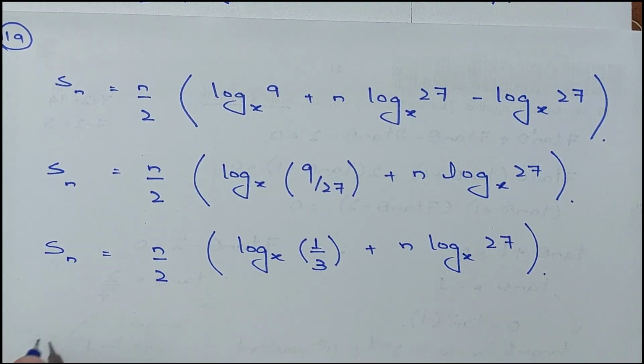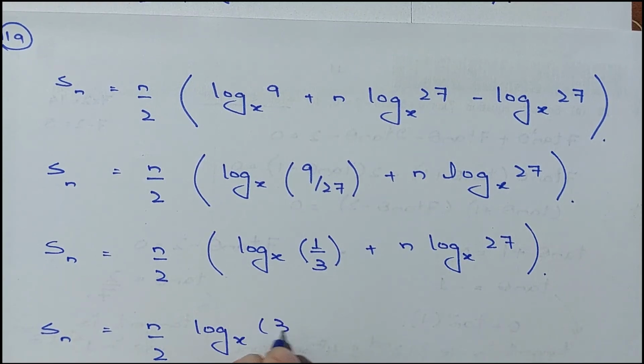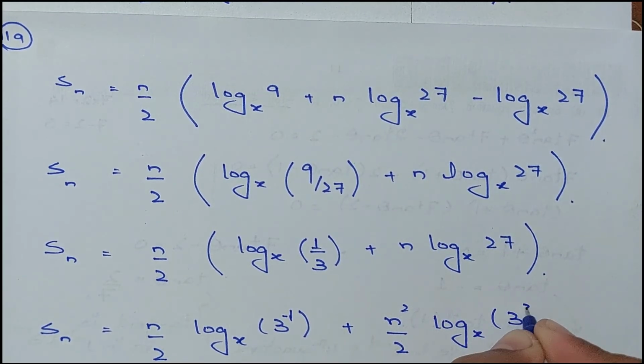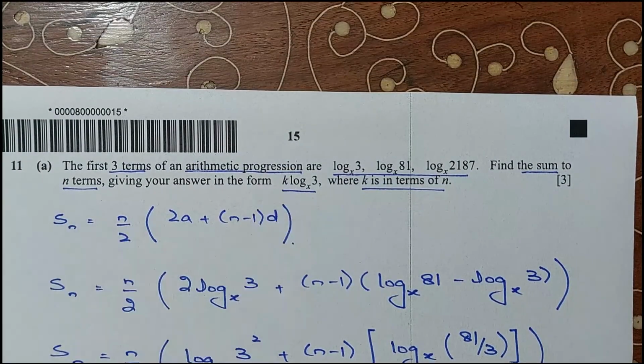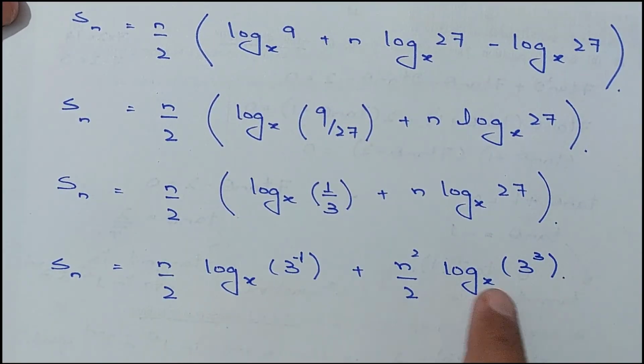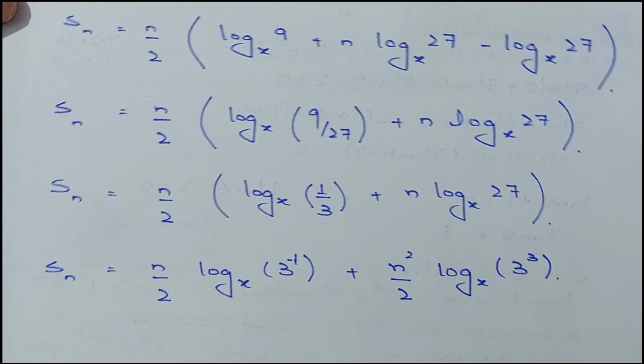All right. So Sn is n by 2 log x of 3 to the power minus 1, because we can shift the power, plus n squared by 2 multiplying log x of 27, which is a cube of 3. 3 cubed is 27. We have to find the answer in terms of k log base x of 3. Okay, the base is x, but the argument is 3, and k is in terms of n.